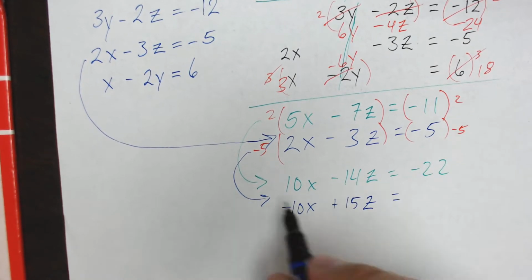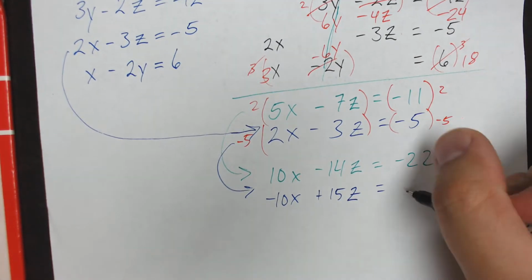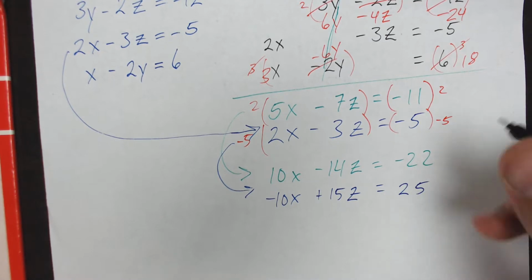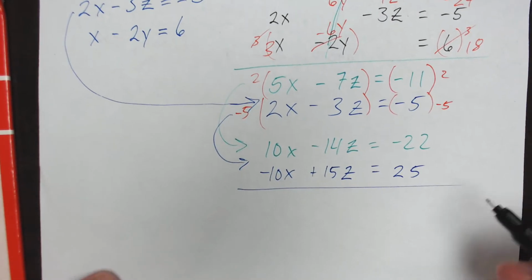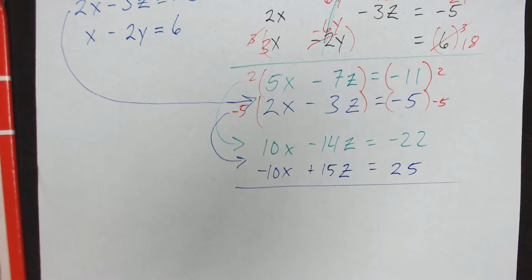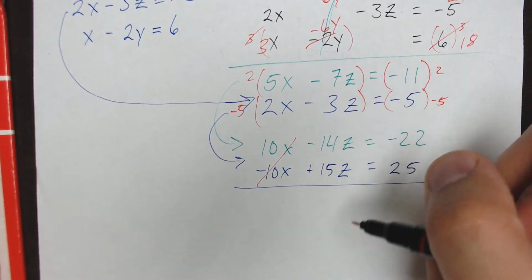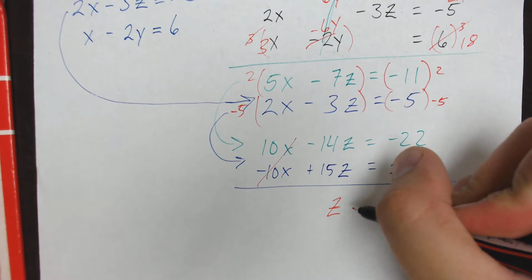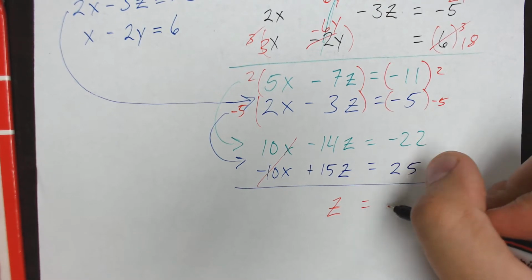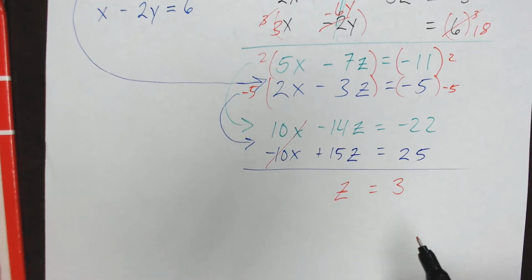Negative 5 times negative 5 gives me positive 25. So now I eliminate and I'll find out what z equals. So the x's cancel. Negative 14 plus 15 is just 1z, and then negative 22 plus 25 is 3. So z is equal to 3.